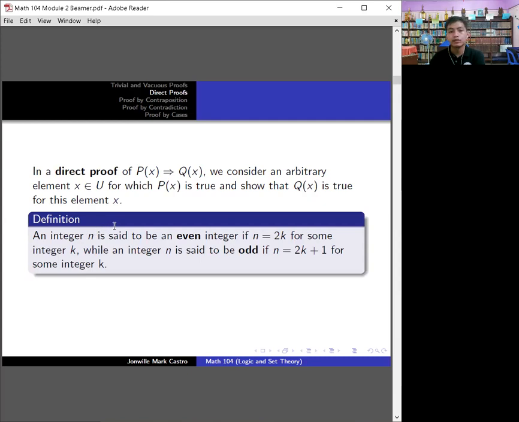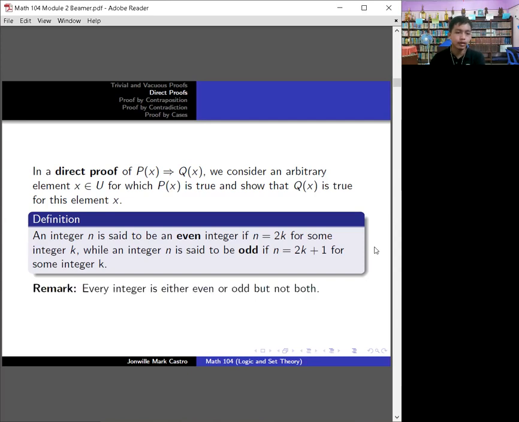Si 4 ay even integer. So si 4, pwede natin siyang maisulat sa form na 2 times something, where yung something na yon is an integer. So si 4 can be written as 2 times 2. Or si 5 is an odd integer, maisusulat natin siya as 2 times 2 plus 1. Okay? So, even and odd integer.